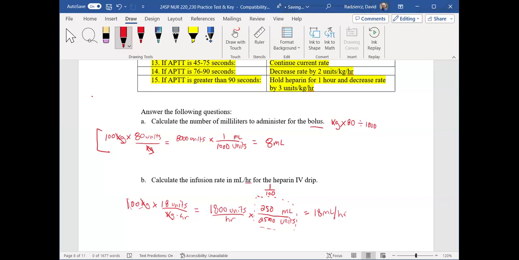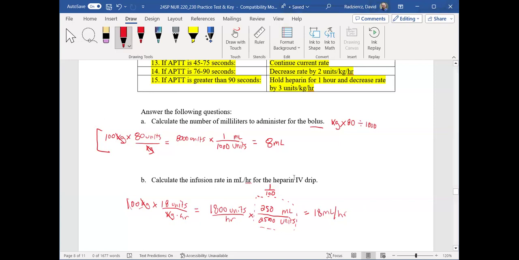Any questions on setting up the IV or the infusion rate? Okay.